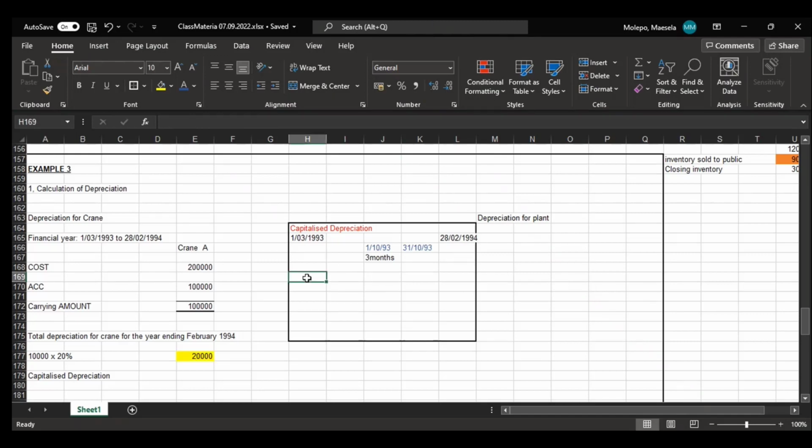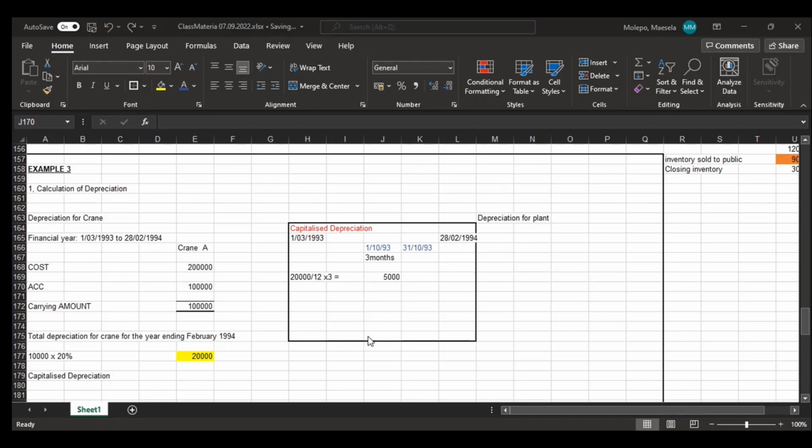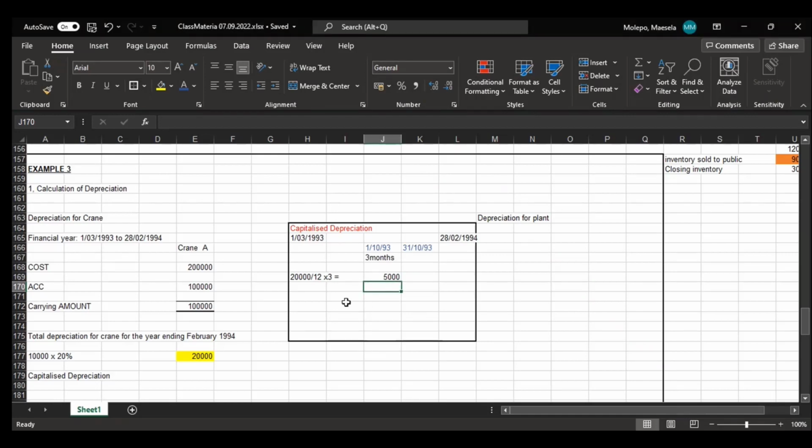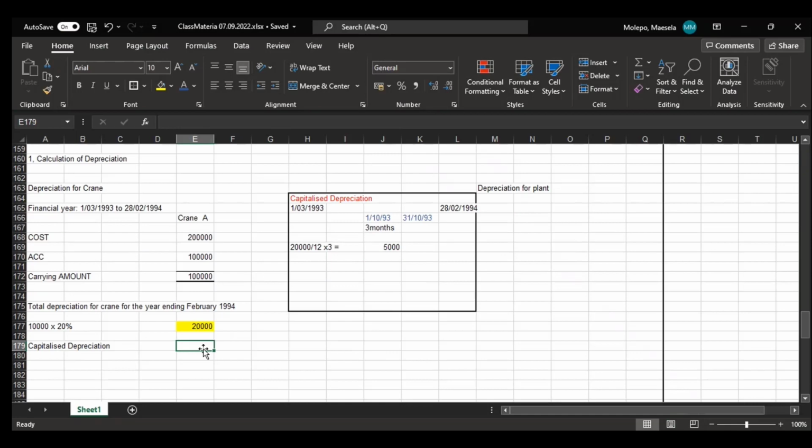So we say the 20,000 divided by 12, which is for the whole year, multiplied by 3 for that 3 months. It gives 5,000. Then the 5,000 must be the depreciation capitalized here.